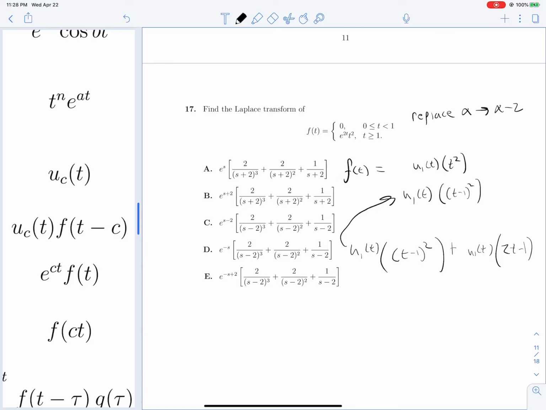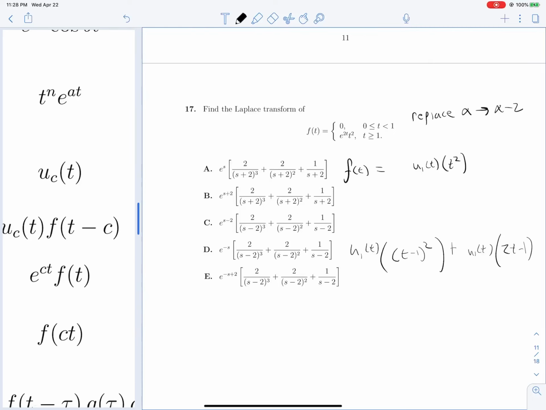This thing is equal to this thing right here, because we'll get u1 of t times t squared minus 2t plus 1, and then we will subtract that 1 and add 2t to get rid of those changes. But now, wow, look, we have another problem: this is not in the form f of t minus c. So we need to split it up again.